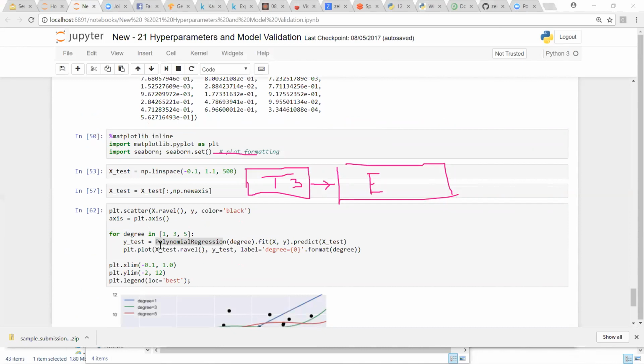When you write this function polynomial regression, this is the function name, and you pass here, see here it's a loop, right? So first time it will pass with 1, next time with 3, next time with 5.